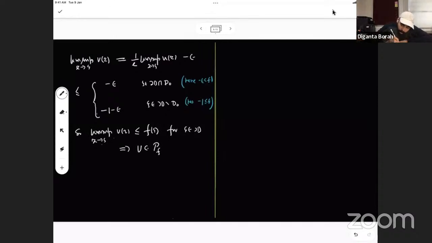Therefore we have v less than or equal to H tilde, because the Perron solution is the upper envelope, right? v is a sub-solution, so the Perron solution has to be bigger than or equal to this sub-solution.